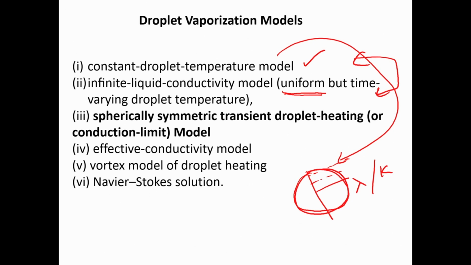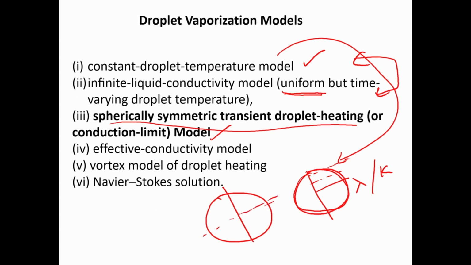Then there is the spherically symmetric transient droplet heating model. In this model, the liquid temperature within the droplet is not actually uniform. So, there will be a temperature gradient of some sort, a variation of temperature within the droplet.